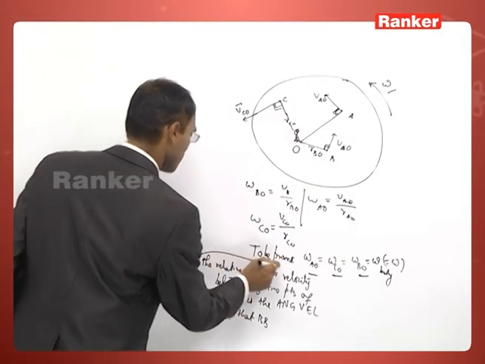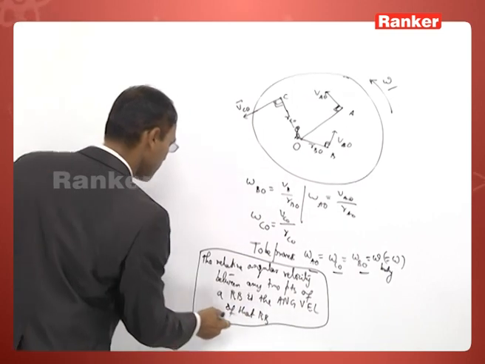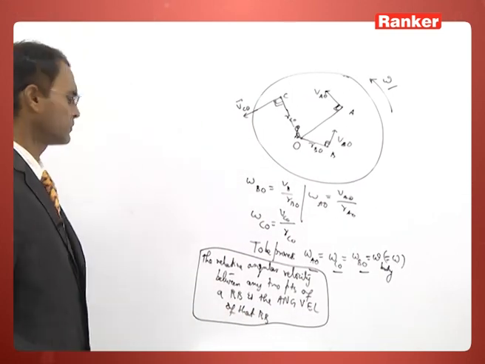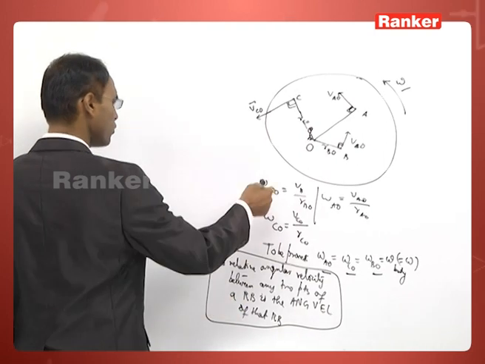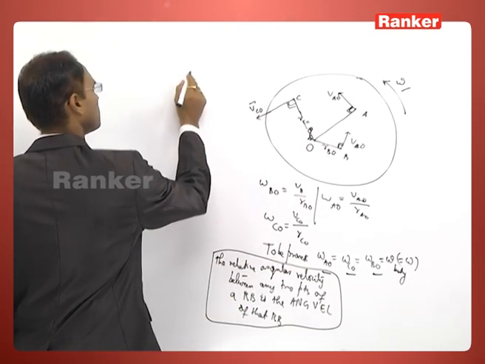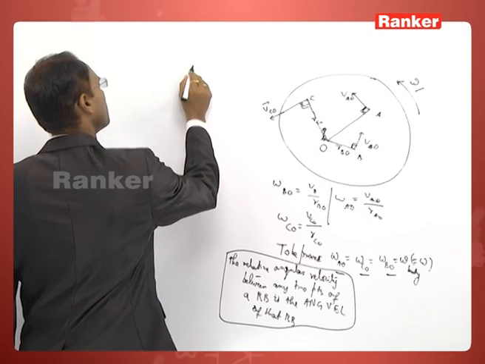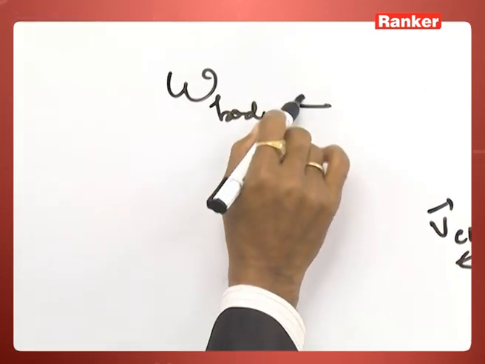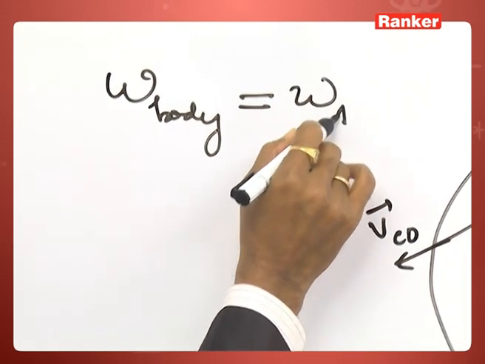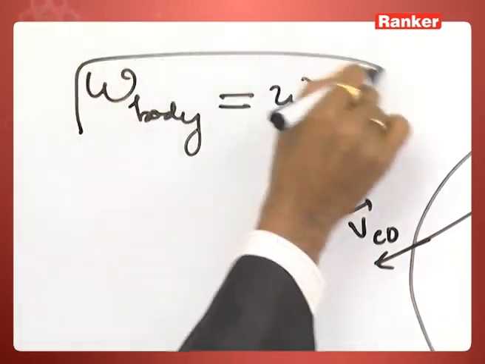That is the concept of angular velocity, definition by relative motion method. Angular velocity of the rigid body is nothing but angular velocity between any 2 points of the rigid body.